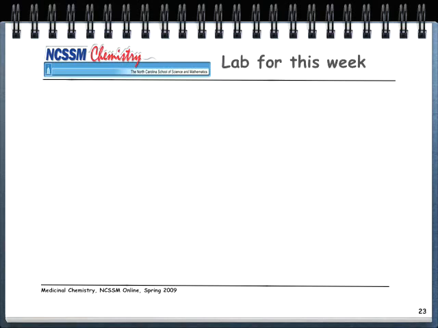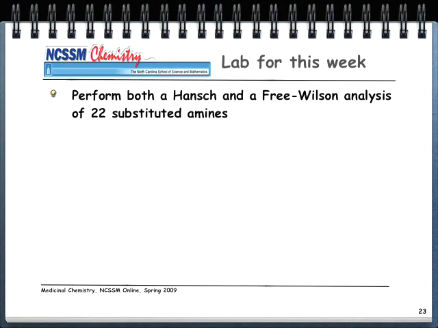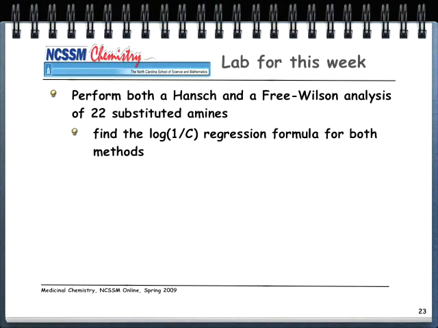The lab for this week, I'm going to ask you to do both a Hansch and a Free-Wilson analysis for 22 substituted amines, basically using the data you just saw. I want you to find the log 1C regression formula using both methods, and you'll need to read in your textbook to understand what a log 1C means.